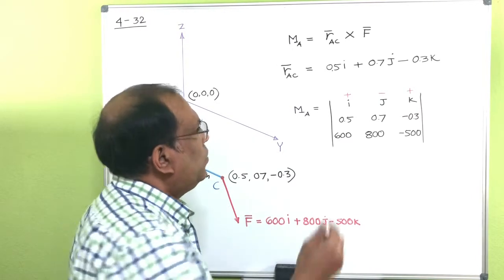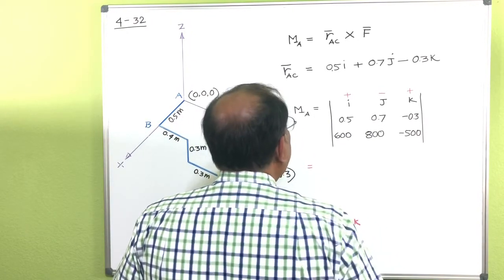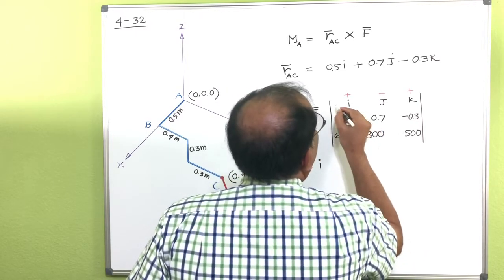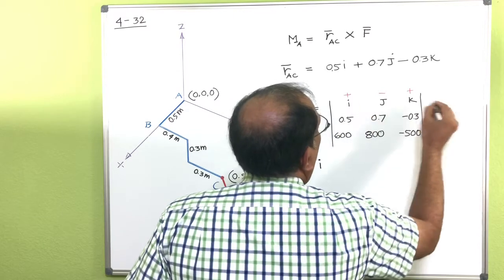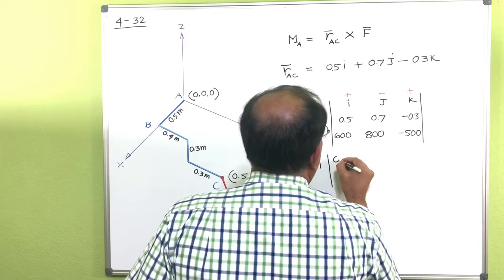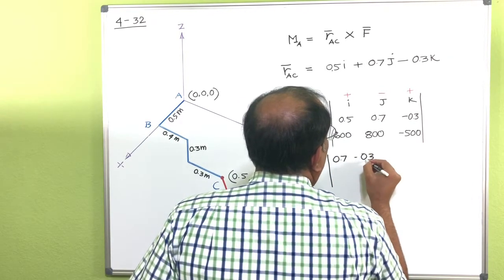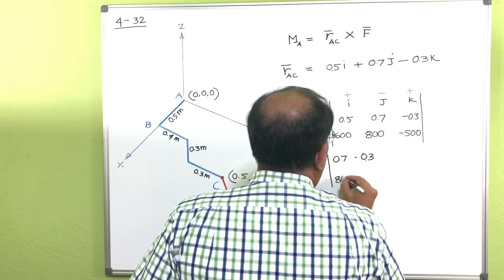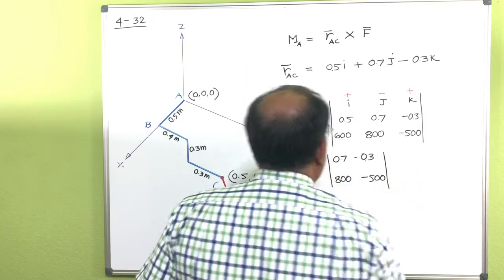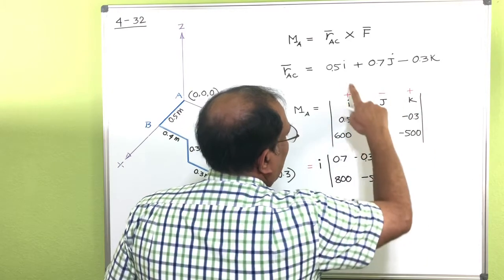So this is equal to i, then you cancel the row and column for i. So you have the submatrix 0.7, minus 0.3, 800, and minus 500, only this part here because you cancelled the rest.